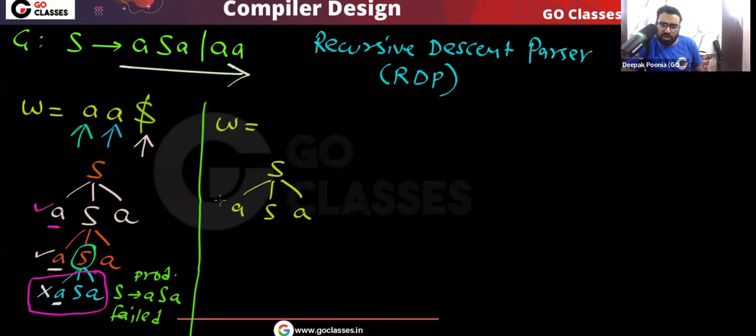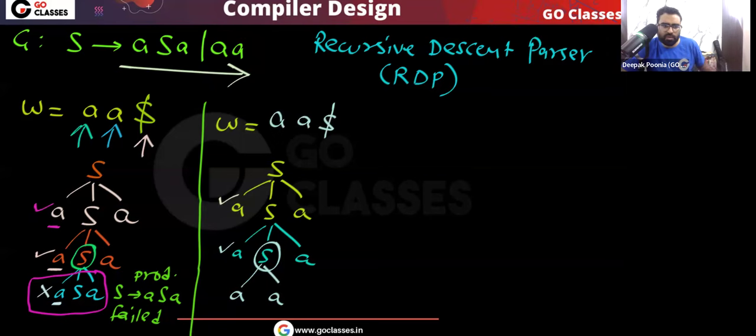Remember this A was already a success. Now you can see we are here. Correct? Because we will backtrack, and now we are at this S, and at this S we will try the next production. On the input, where are we?